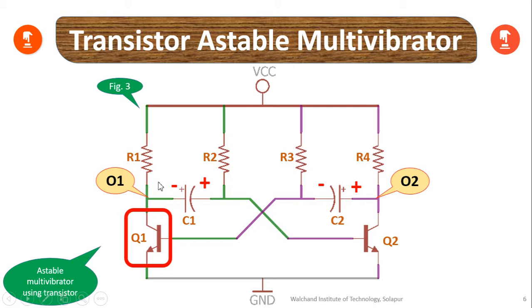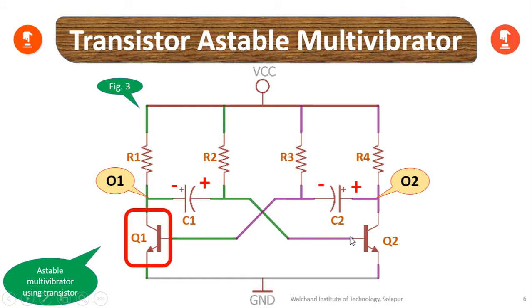So here, as per the polarities shown on capacitor C1, the positive voltage available on C1 cannot exceed more than 0.7 volts. As capacitor C1 starts charging with the right plate positive, the moment it comes to 0.7 volts, it is going to bias transistor Q2 directly as it is connected to the base of transistor Q2.